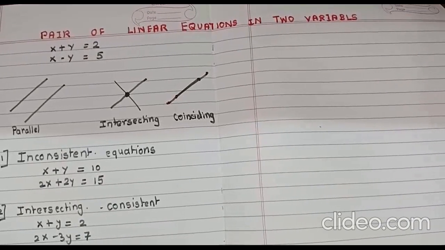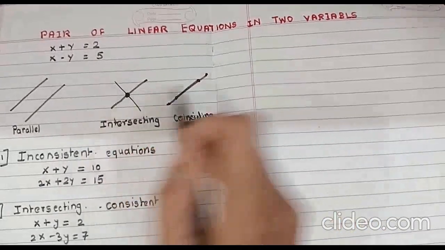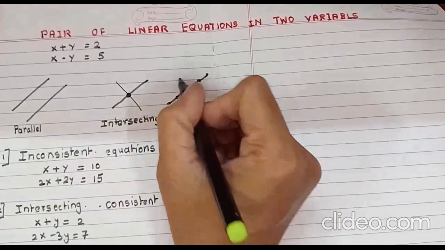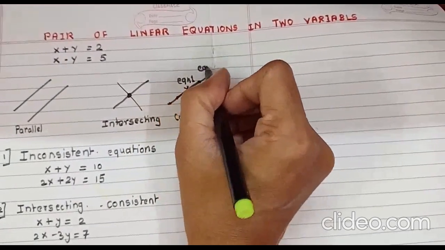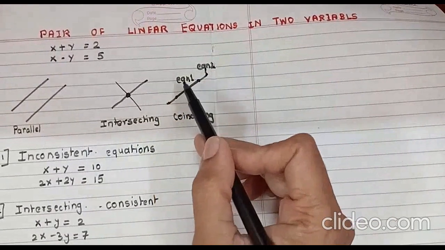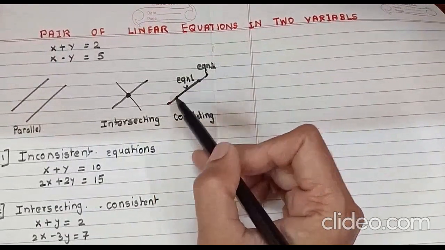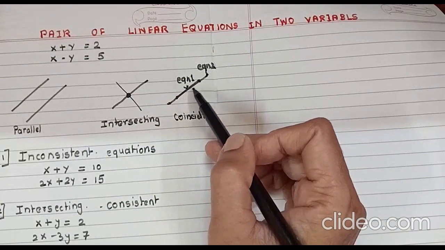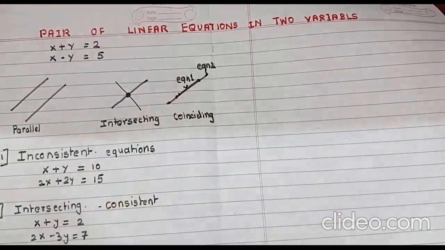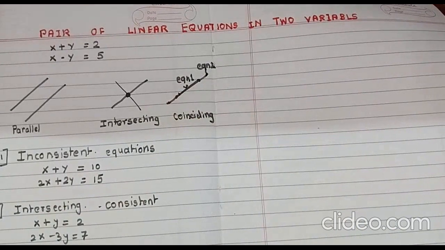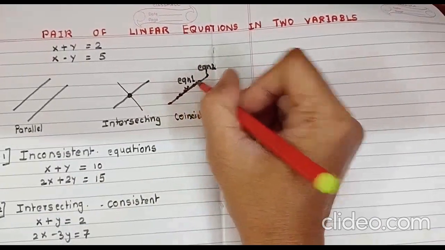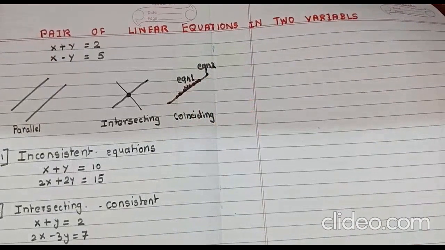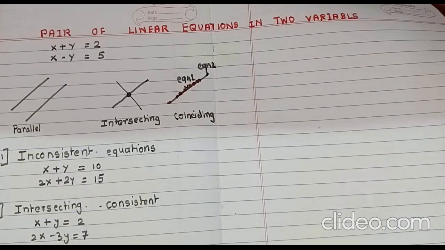As you can see here, this is equation 1 and this is equation 2. So what do these two equations represent? They are coinciding over each other. So you have many points in common, infinitely many points which are coincident. So you can have many solutions.